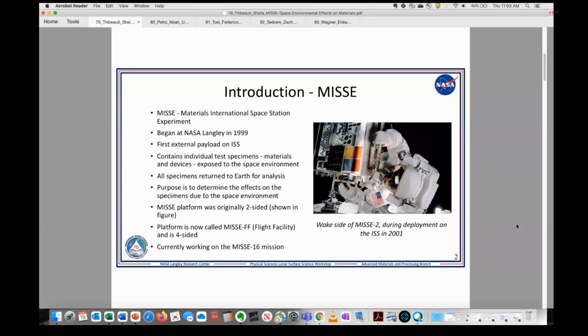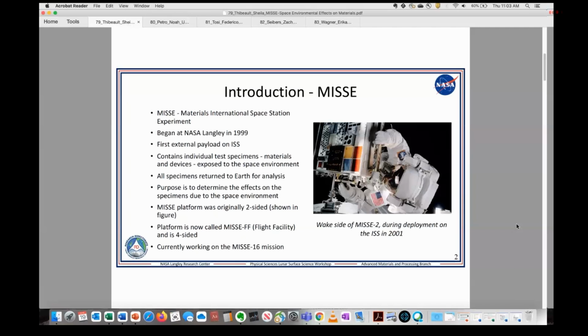Usually the specimens are materials, but they can be devices. And one notable thing about MISSY is that all specimens are returned to Earth after the space exposure so that we can analyze the post-flight specimens in our own laboratories and do an in-depth analysis.